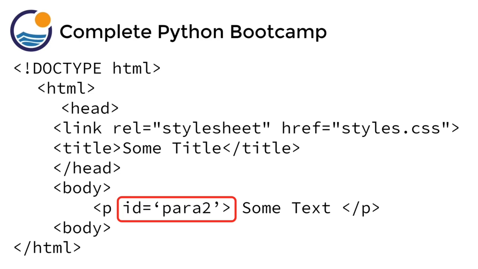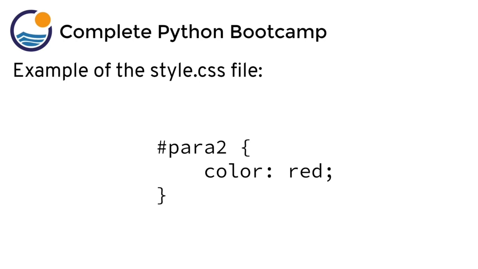So what does the .css file look like? Well, let's take a look. This is an example of what the style.css file looks like. And it will essentially have this hashtag symbol, para2, and then notice it almost looks like a dictionary here of the property and then the value for it.